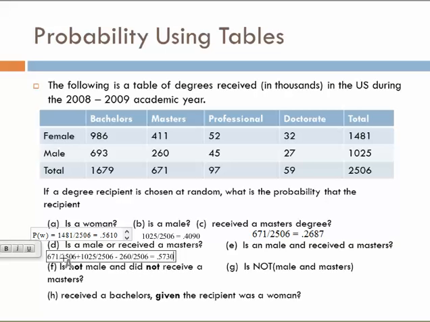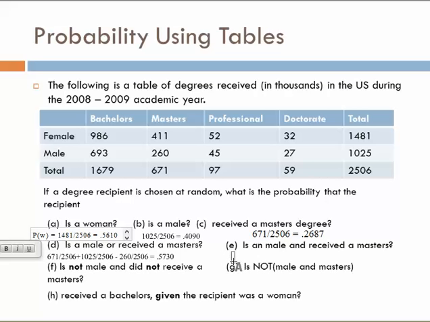And this is just fitting with the OR formula, and I wanted to review that. And note that by subtracting it, I'm not saying that males with masters are a bad pick. What we're saying instead is that by subtracting the probability that I pick a male with a master's, I'm subtracting 260 once because it was counted twice back here. And so by doing that, I get the correct percentage.